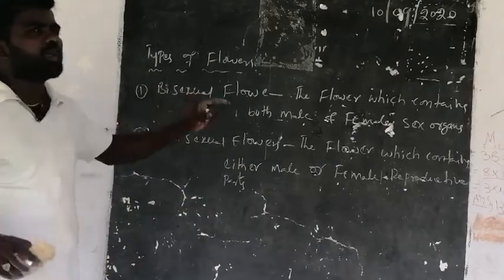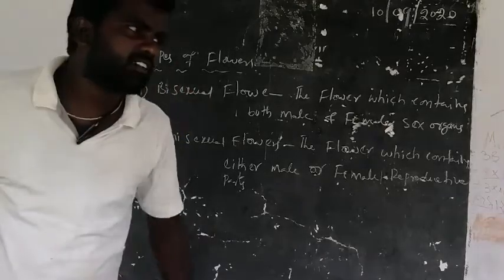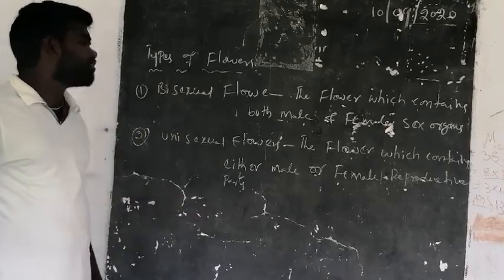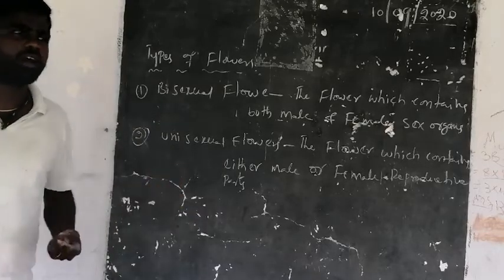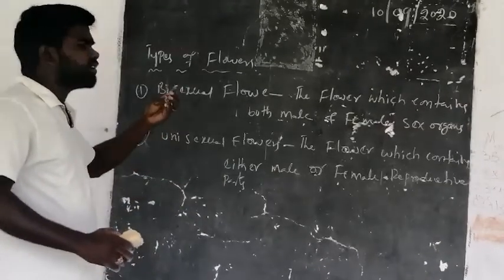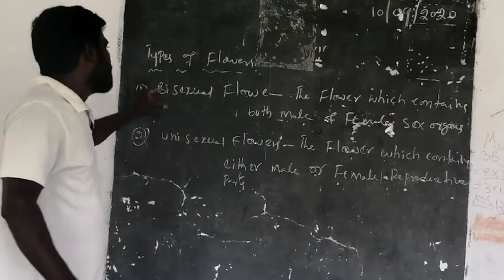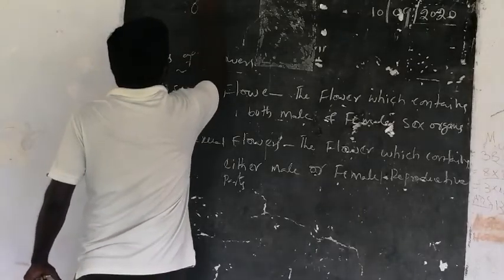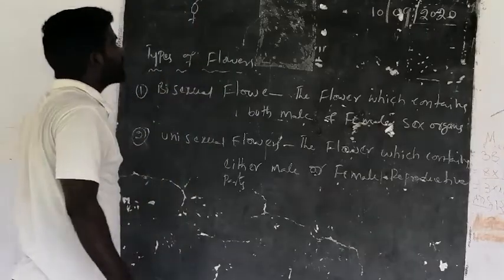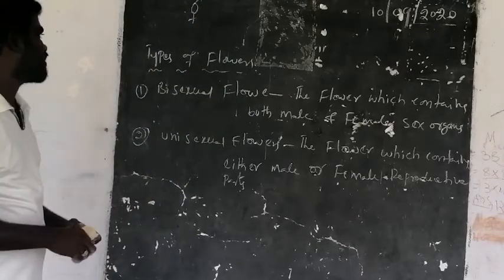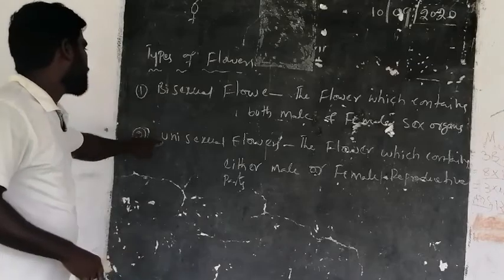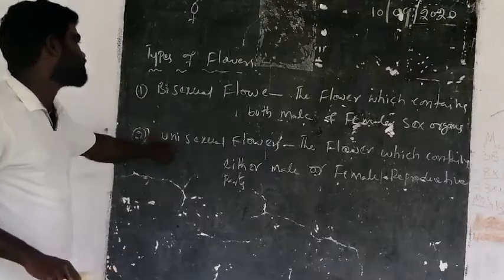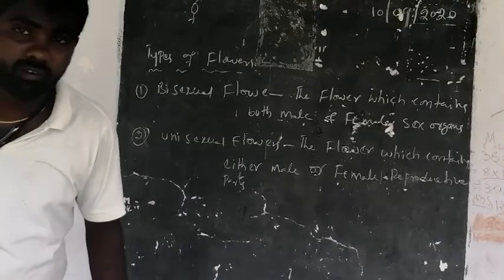It means only male or only female reproductive parts are present in a flower. And a bisexual flower means the flower which contains both male and female reproductive organs. The flower having only male or female is called a unisexual flower.